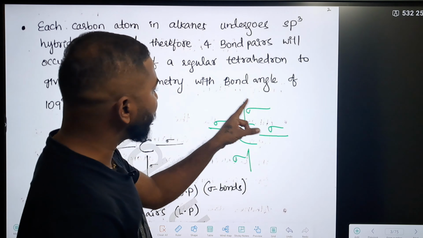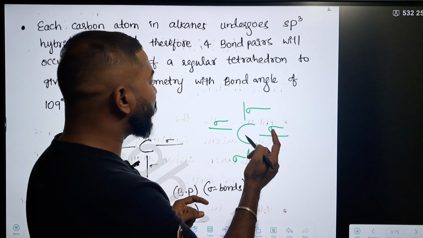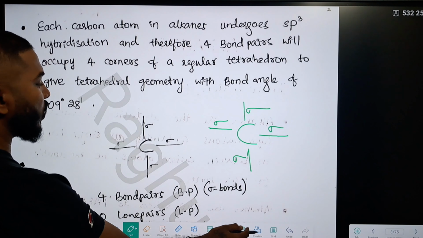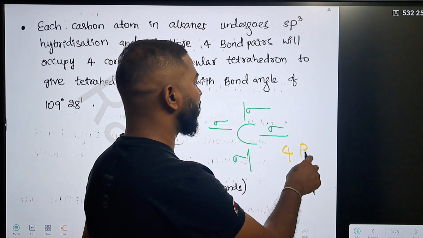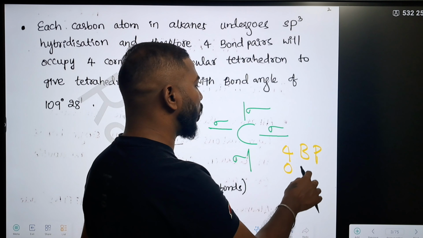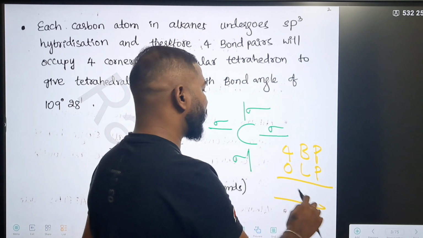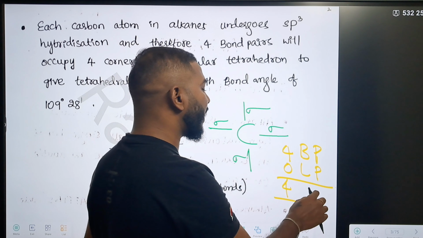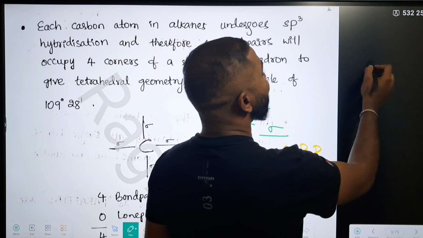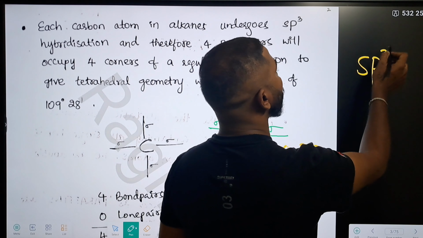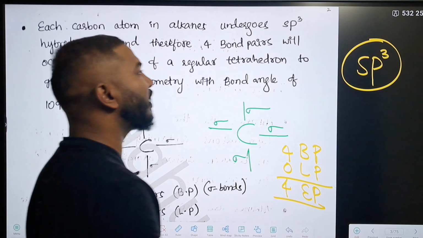So around this carbon we can see 4 sigma bonds, which means that we are going to have 4 bond pairs, and then we don't have any lone pairs in fact, okay. And now altogether we are going to get 4 electron pairs. Since 4 electron pairs are there, the carbon atom is going to undergo sp3 hybridization.